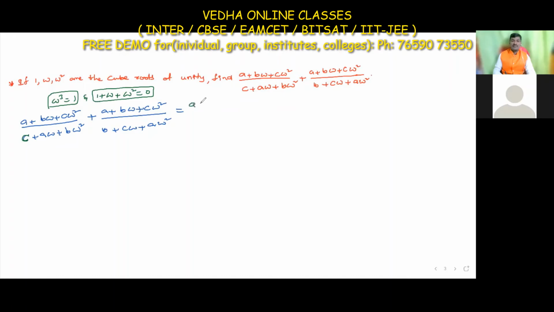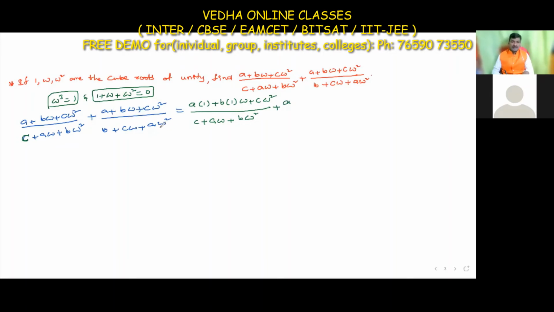I am writing a as a into 1, and b as b into omega, and c omega square, whole divided by c plus a omega plus b omega square plus, then check the numerator part also.